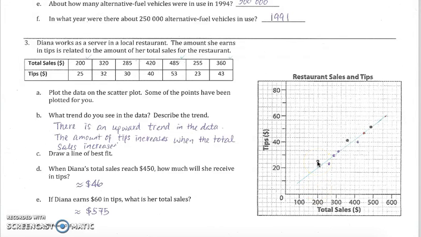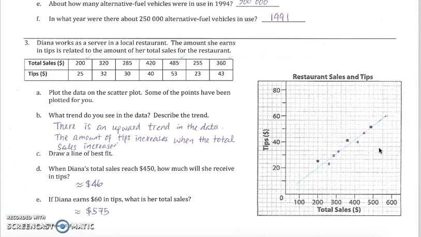So make sure you plot these points accurately. 320 and 32, so roughly here, and so on and so forth. Okay, so a few of those points were given to you, so you can just fill in the rest of it. Okay, so it should look something like that.